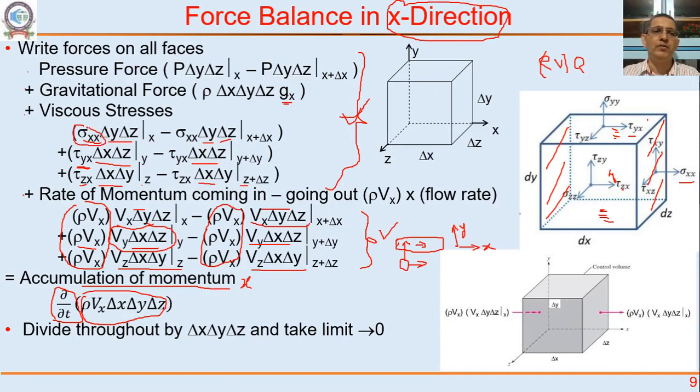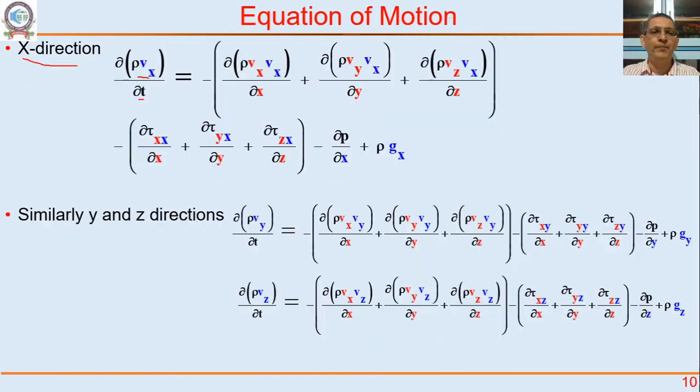I had written sigma and tau just to differentiate between shear and normal stresses. Now that you are fairly comfortable, we don't have to write sigma, we can straight away write tau xx. This is normal stress. It's the same as sigma we had written earlier. Compression and elongation of stress. Tau yx, del by del y of tau yx, del by del z of tau zx, minus del p by del x, plus rho gx, that's the x component that we have.